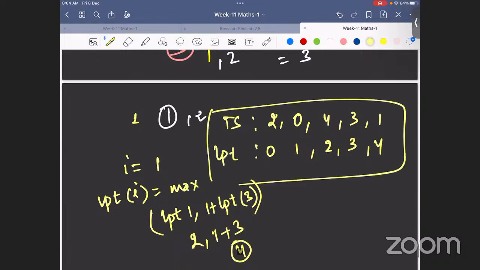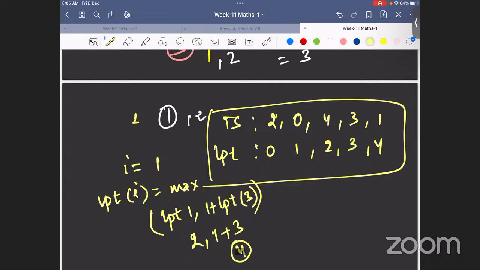Is this clear to everyone or not? Clear, sir. So you'll be able to do it, right? Sir, can you explain once? So, sir, in this case, the longest path is 4, right? Longest path is 4, yeah.